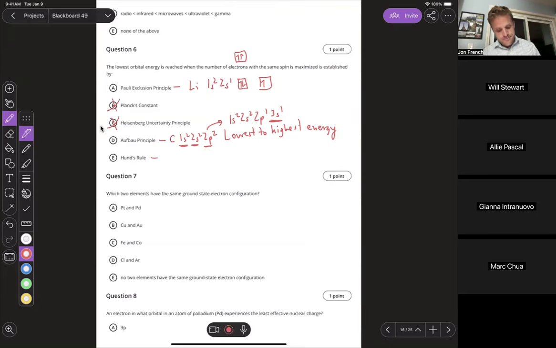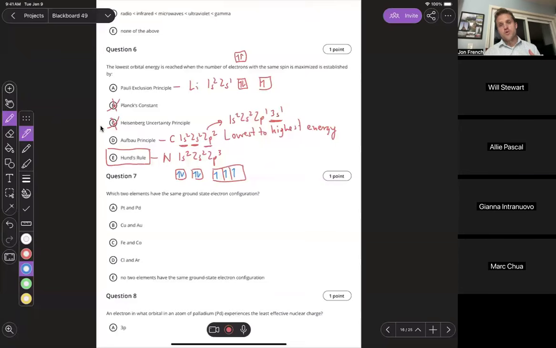This question is looking for Hund's rule. For our electron configurations, take nitrogen: 1s2, 2s2, 2p3. If we look at the orbital diagram for that, 1, 2, 1, 2, and then 1, 2, 3.